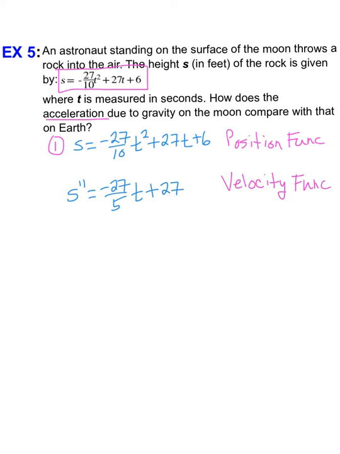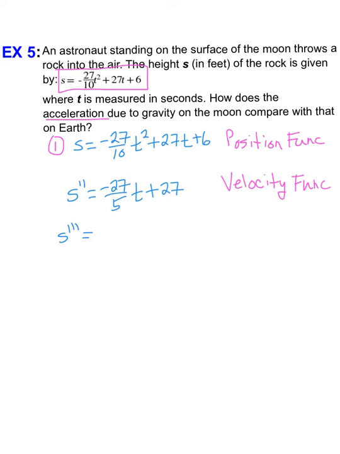All right, and then finally s triple prime. So that's our third derivative. I keep saying second derivative, I mean third derivative. I think I've said that twice now, so sorry. So this is equal to, so I'm going to take this exponent of 1 and multiply it to this, and this becomes 0 and goes away. And of course, the derivative of this is 0.